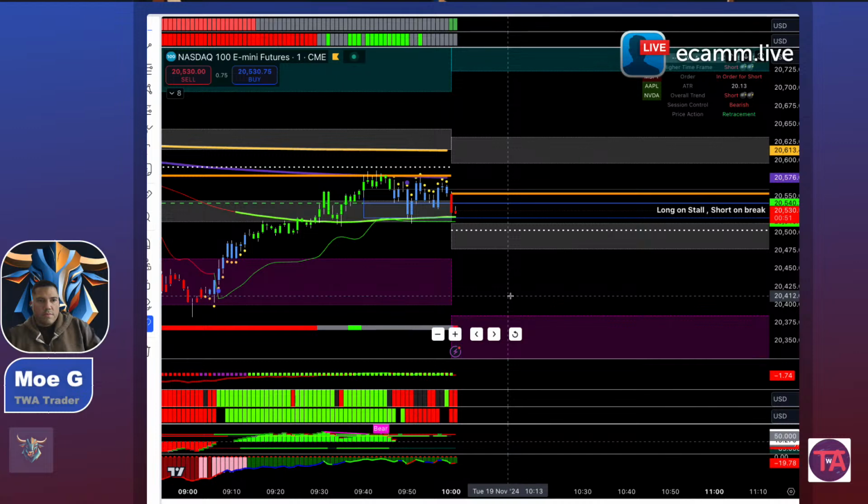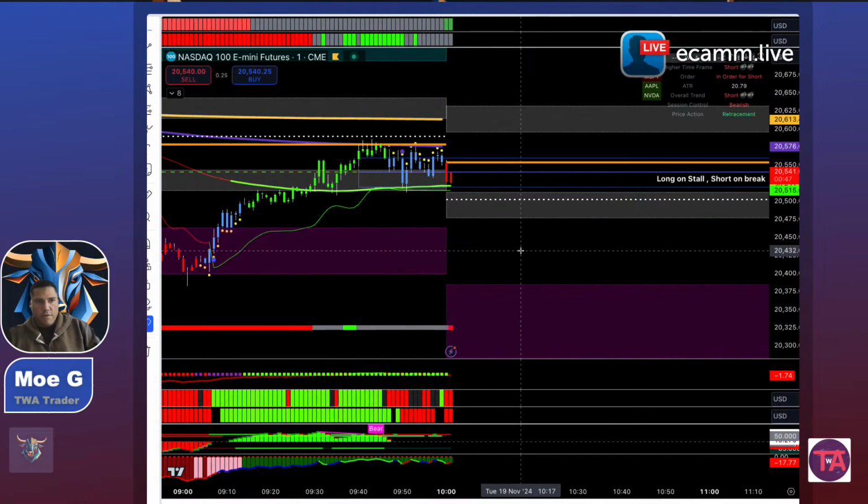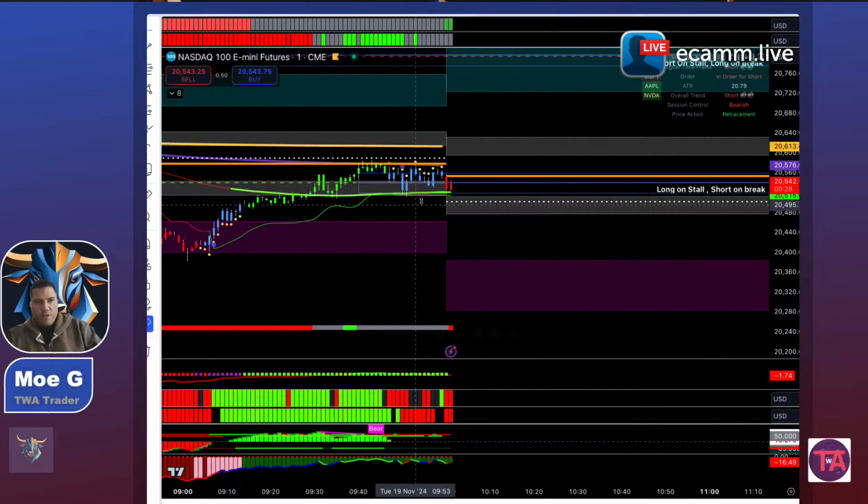Now, it's not a predictor, it's not magic. It's just giving you a map of zones on your chart: okay, this is cheap, this is expensive. How is the market dealing with that today? Is it going to push down here and totally break through everything and trend strong down? Or is it not?